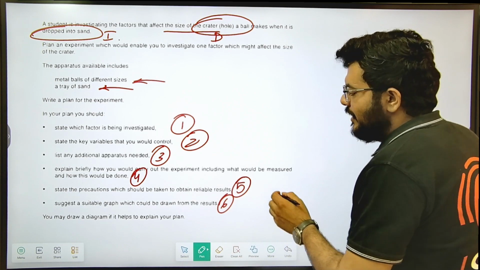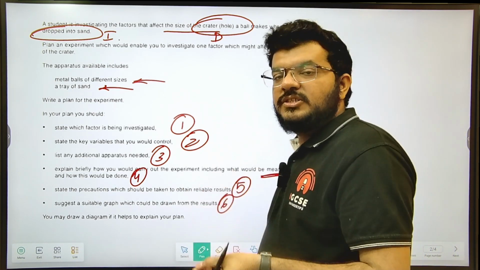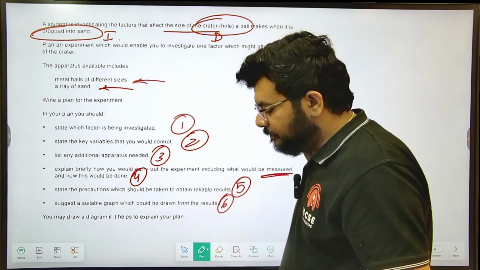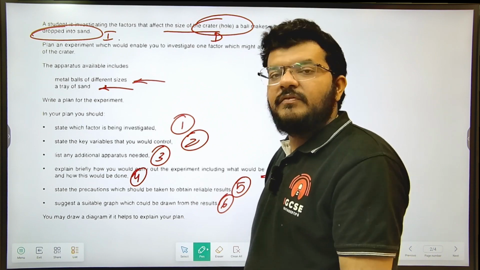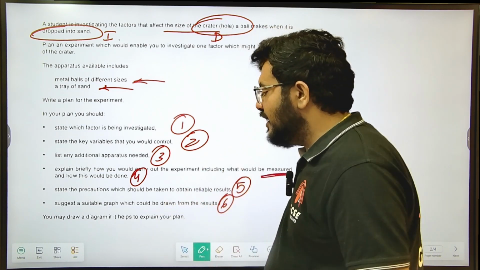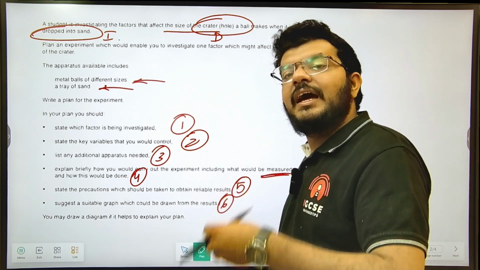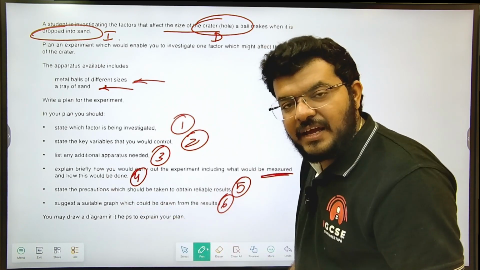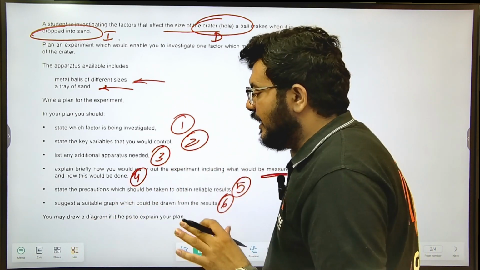It just came to my mind that you can measure the depth of the crater as well. You should be measuring the width of the crater. Okay. So the sand should be made flat again after every experiment. That is a precaution I will take to obtain reliable results. I will do this experiment thrice for each value and average the results again to increase reliability.